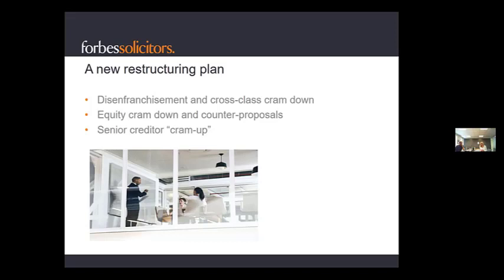So where a senior creditor cram-up is contemplated, there will be complexities and lots of matters need to be taken into consideration, with the focus again being on the overall fairness of the proposed restructuring. And none of this is going to be straightforward, and I've no doubt that the plans themselves and the test of fairness will lead to substantial litigation.